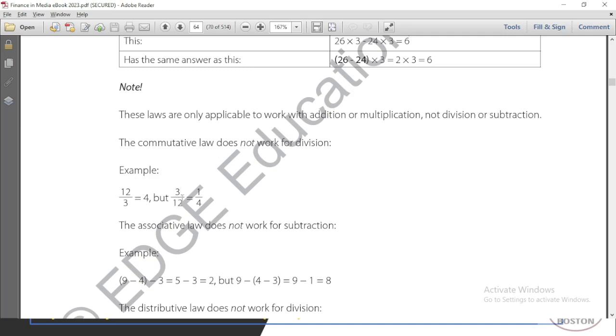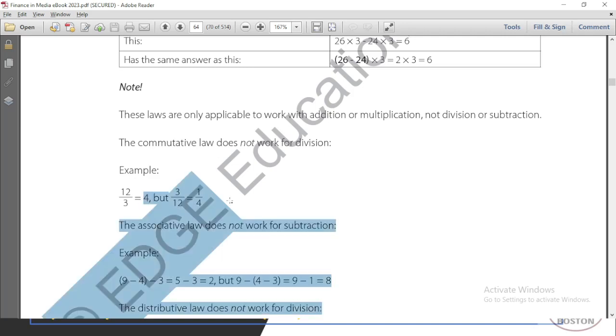You cannot switch them because you're not going to get the exact same answer. It's not the same as saying 4 times 3 and 3 times 4. If you switch, you get a quarter, 1 over 4, which is 0.25, which is not equal to 4.